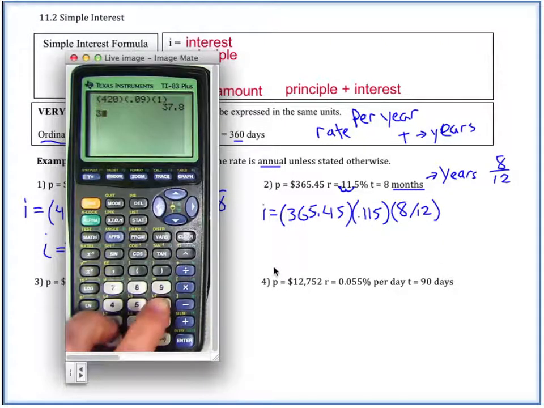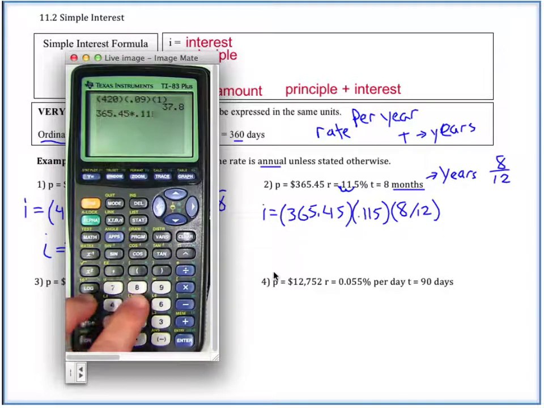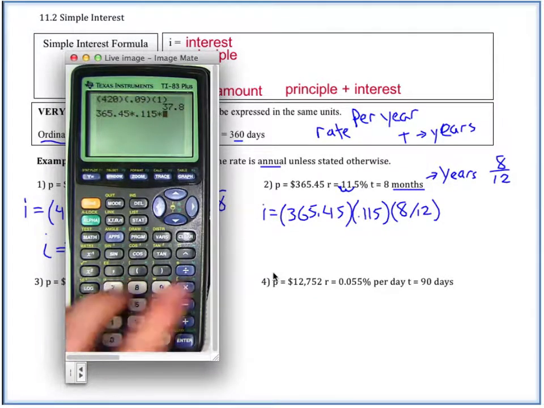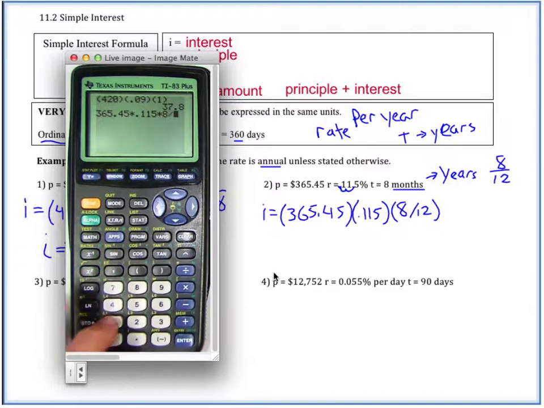So we have 365.45 times 0.115 times 8 divided by 12. Okay, now as you look at what I typed into the calculator here, this time I didn't use parentheses. And we have this fraction here, but because this calculator does direct algebraic logic and this is all multiplication or division, it doesn't really matter.